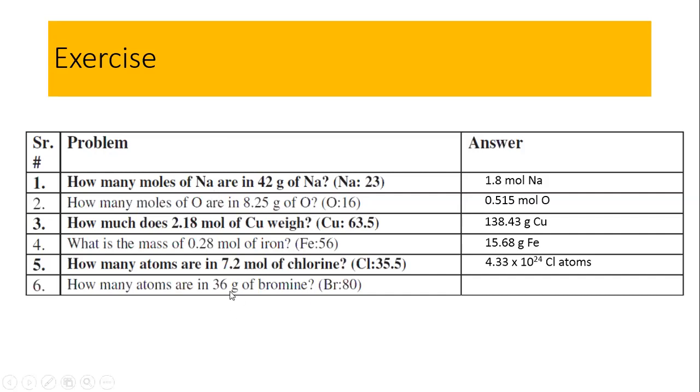So here, what you have to do, first you have to divide 36 by 80. This will give you the number of moles, and then you have to multiply with the Avogadro number, which is 6.02 exponent 23, and this is the answer of this problem, 2.7 exponent 23 bromine atoms.